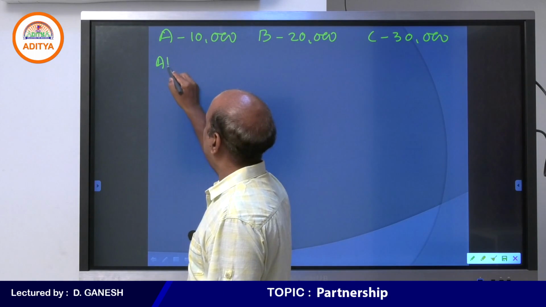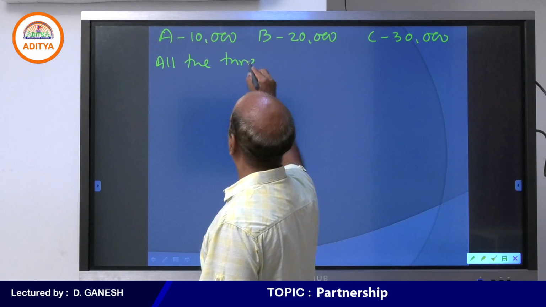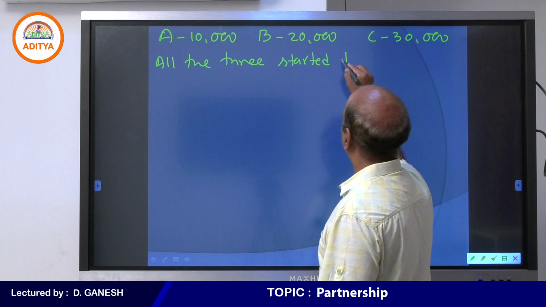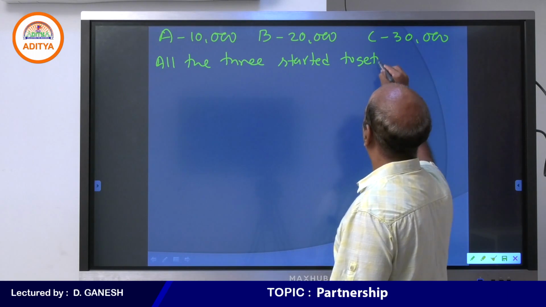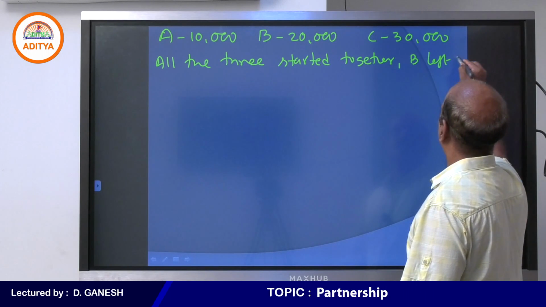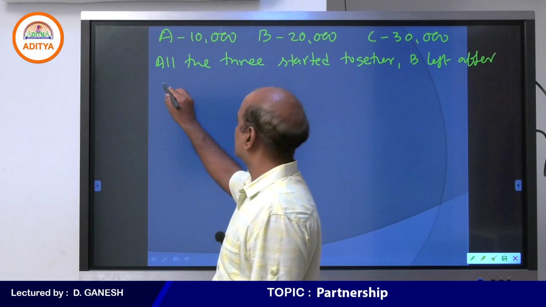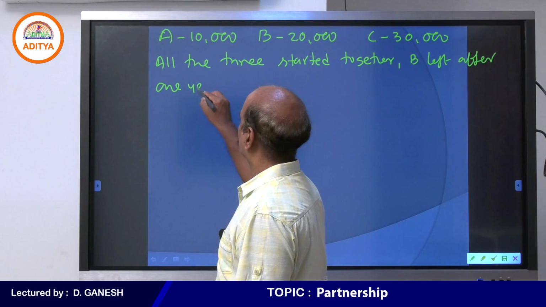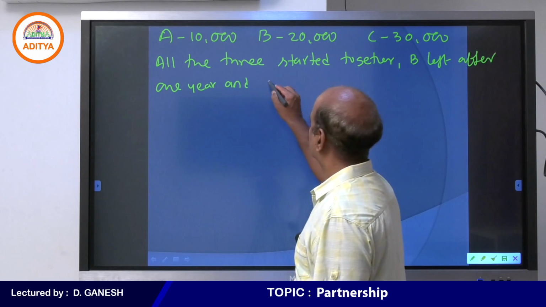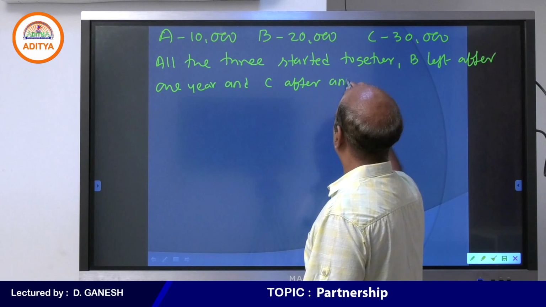All the three started together, B left after 1 year, and C after another year.